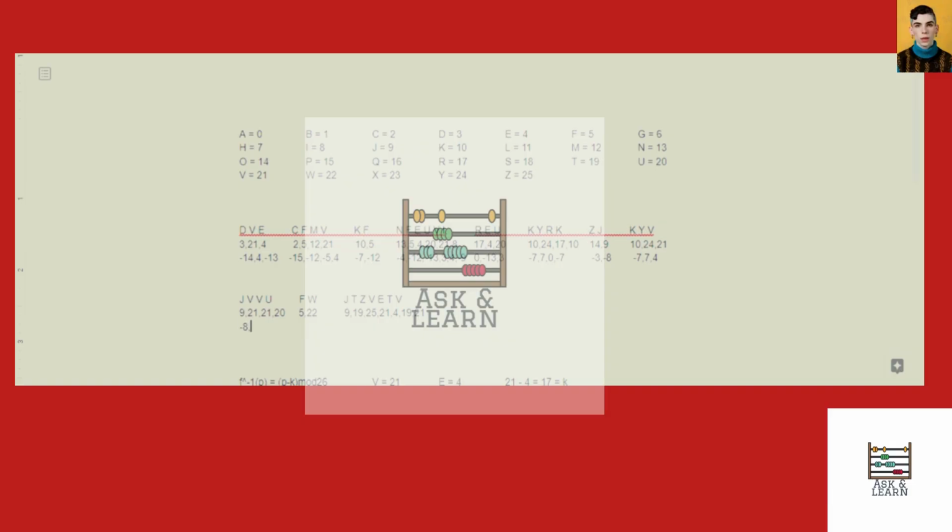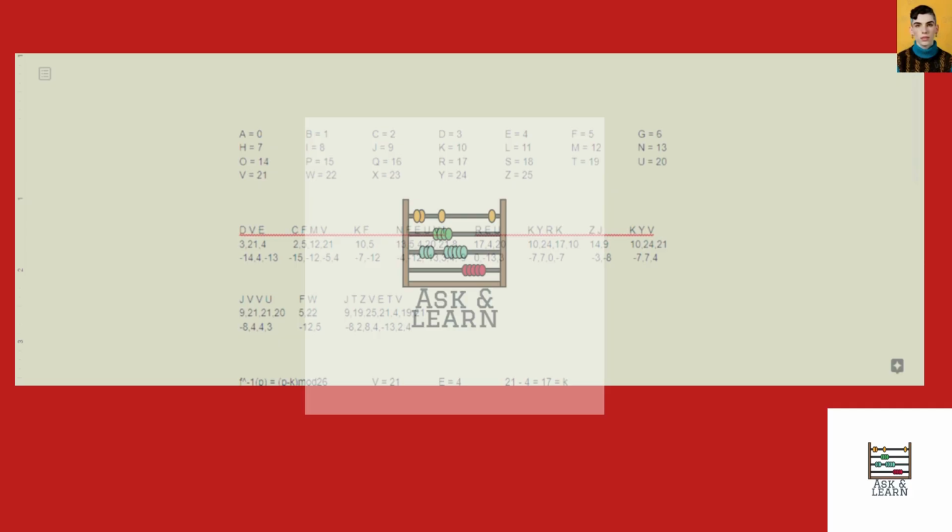Negative 8, 4, 4, 3, negative 12, and then 22 would be 5, and then negative 8, 2, 8. And then 21 is going to be 4. 4 would be negative 13. 19 would be 2. And then 21 would be 4 again.